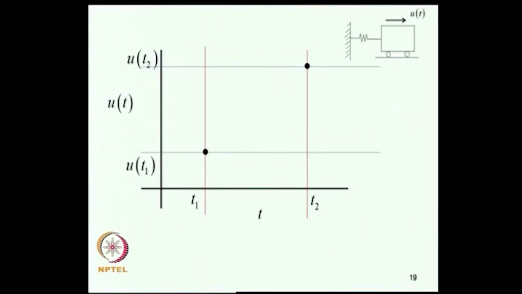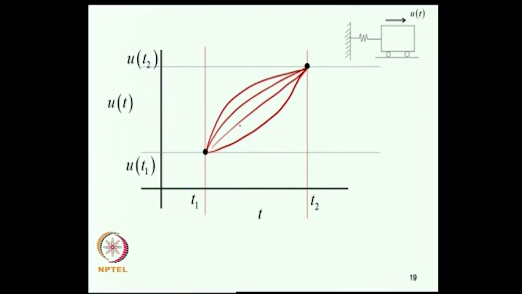What does that mean? Suppose at t equal to t1 this mass is here, and at t equal to t2 it is here. So, between the two time instants this object can take this path or this path or this path.